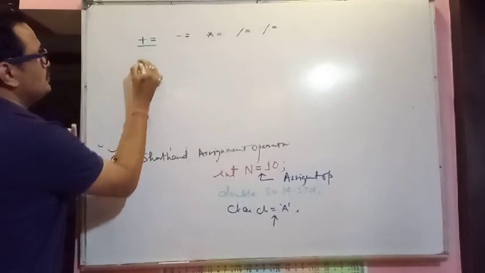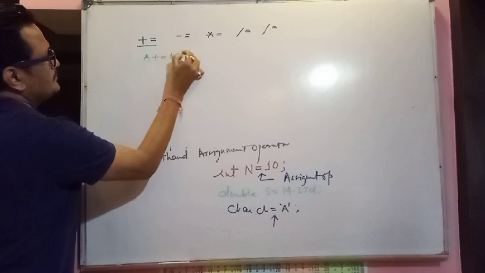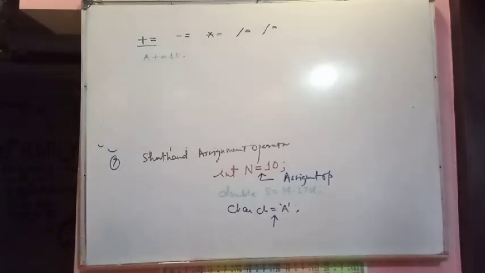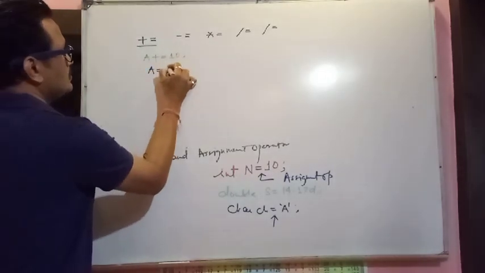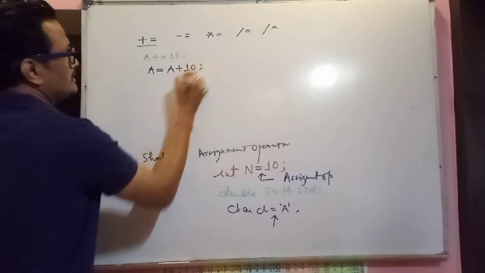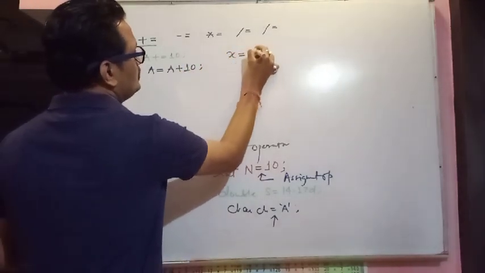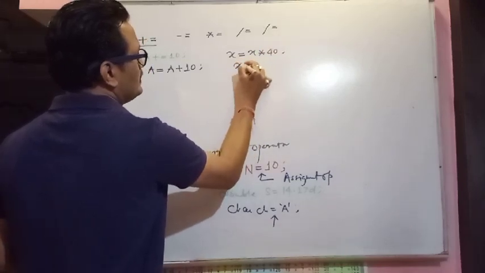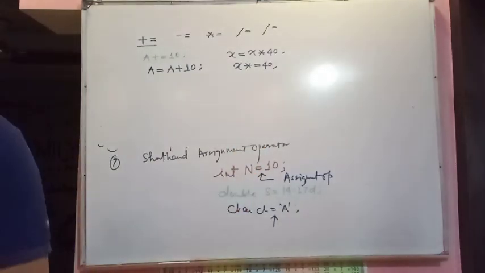When you write a plus equal to 10 using shorthand notation, it means a is equal to a plus 10. That's all. If there is a statement x is equal to x into 40, you can write x multiply equal to 40. This is the way to use shorthand notation.